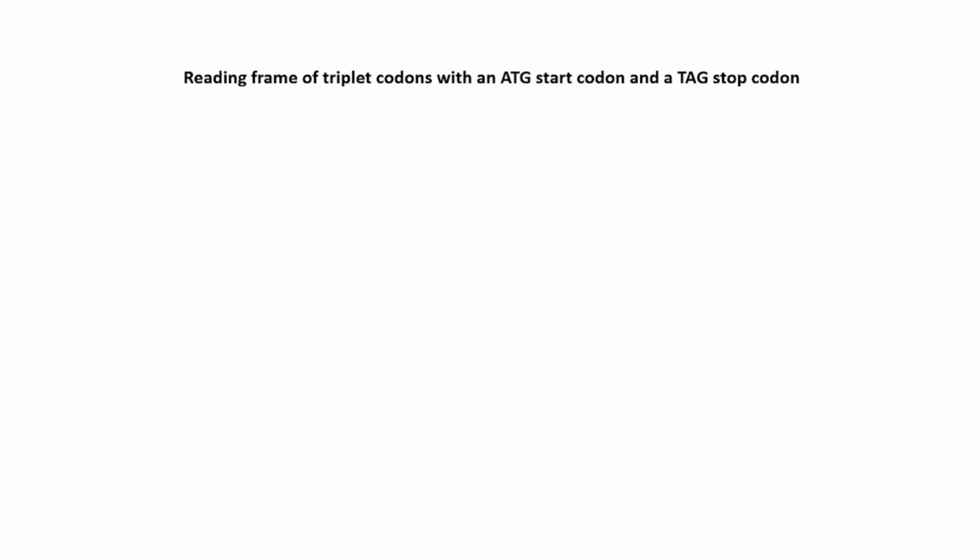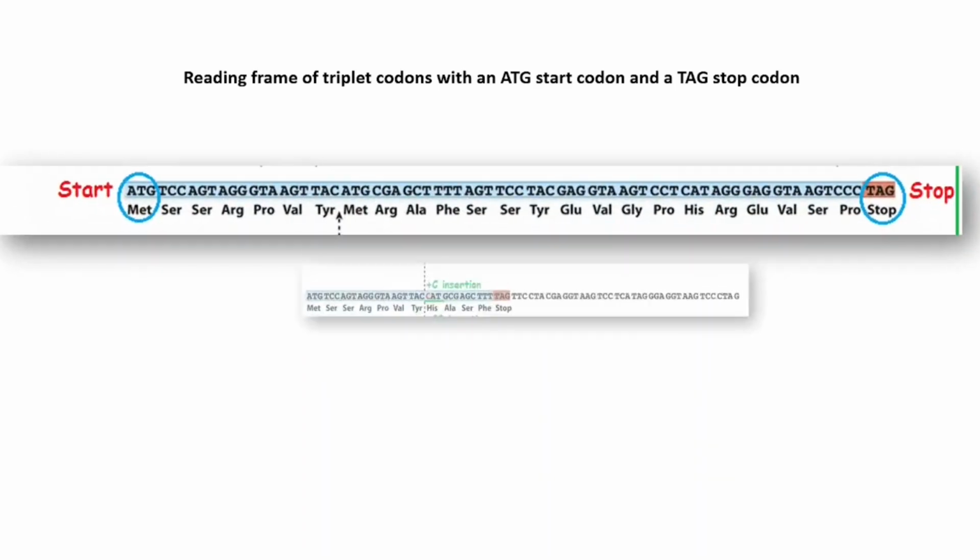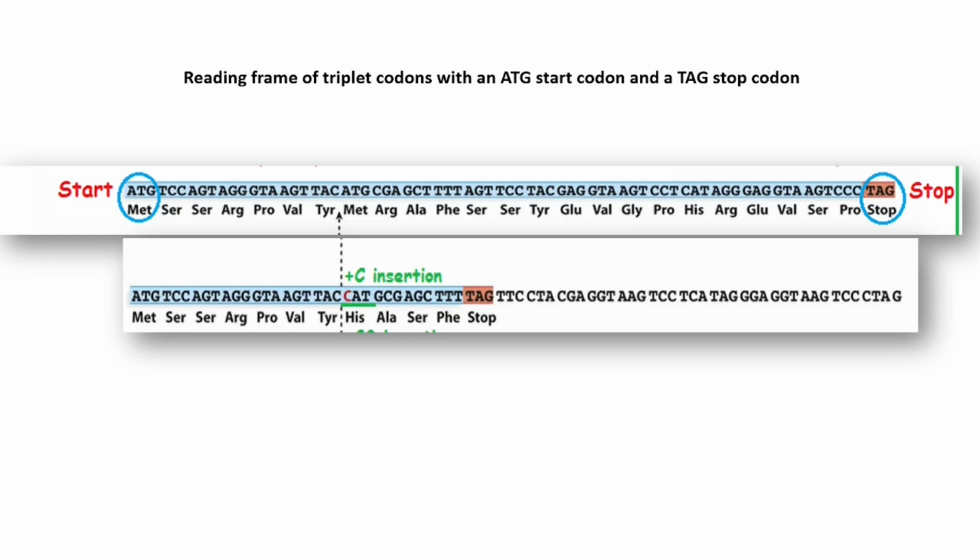Let us see another example. Here, the addition of the nucleotide C also results in the shifting of the frame and hence change in the codons and therefore a different sequence of amino acids from the point of insertion, which here is again from tyrosine.